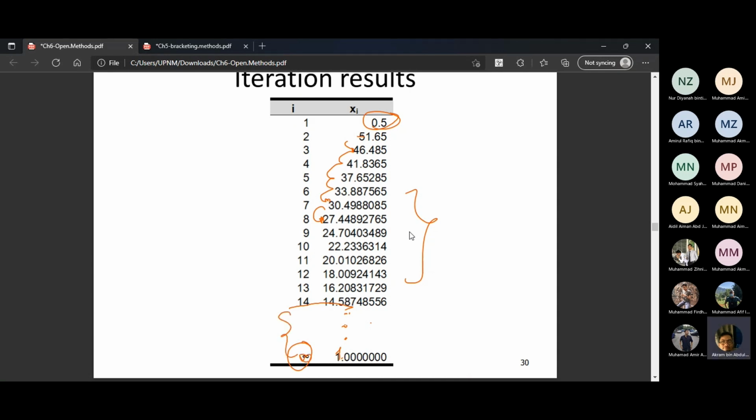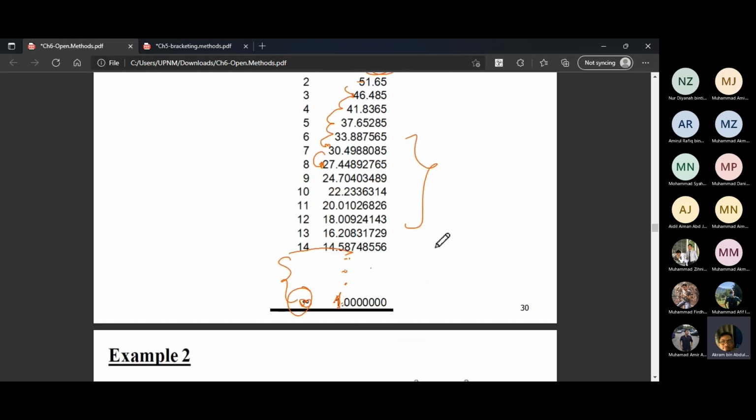That's why it is labeled here as infinity. Only when you reach infinity will your x equal 1. So the converging happens, but at a very slow rate. So in terms of computational time, it is not worth it. You can find the roots, but it is not worth it.